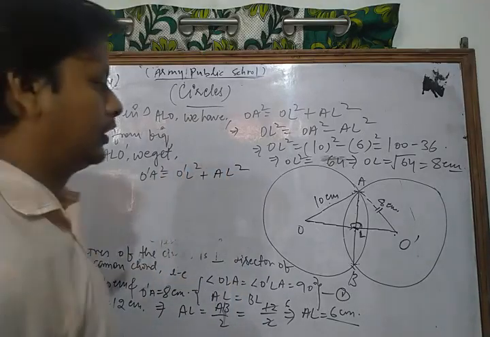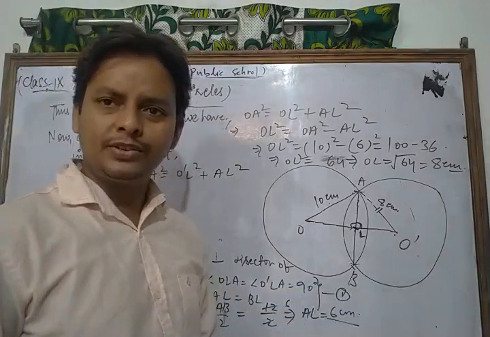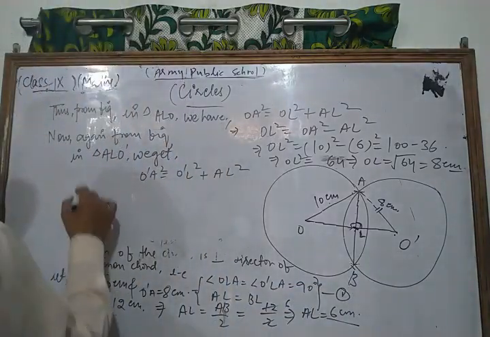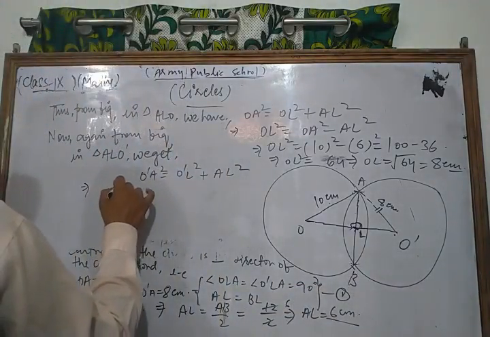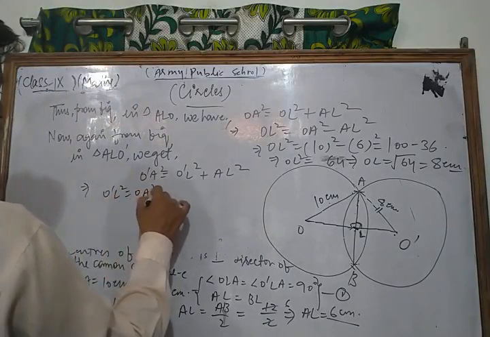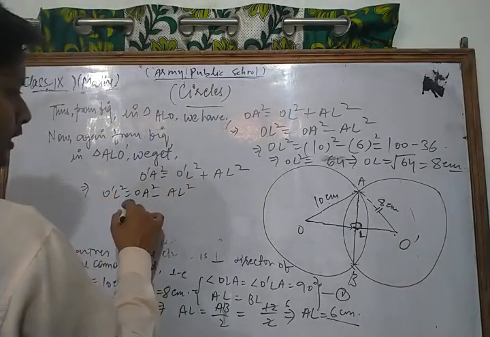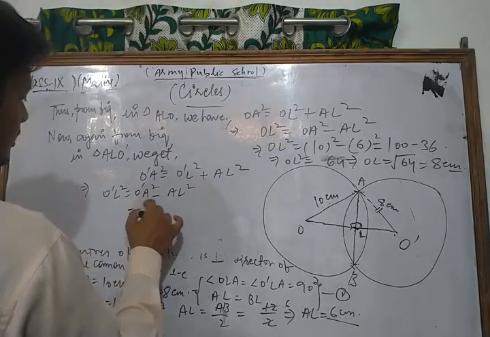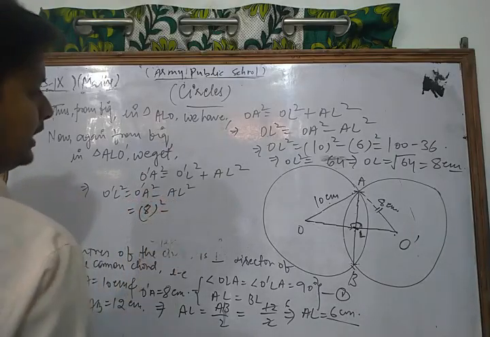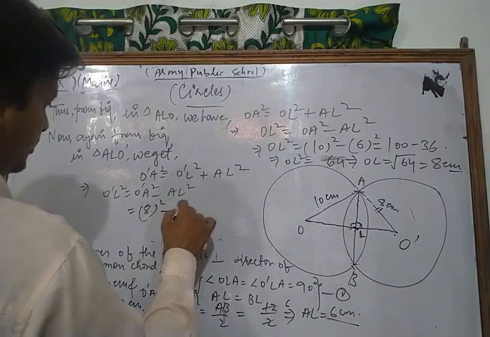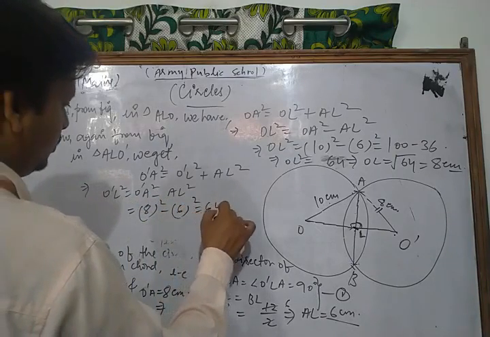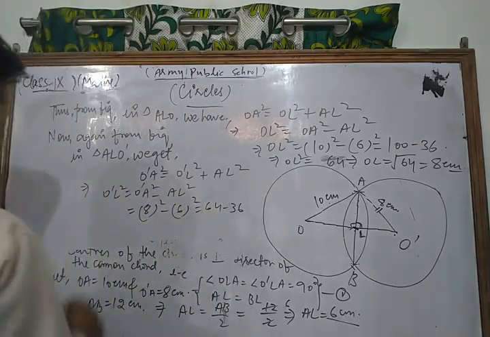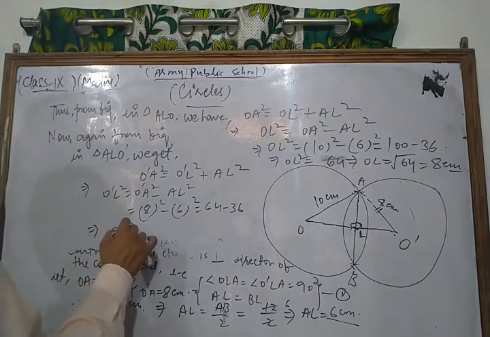So here we find O dash L. From there we write O dash L square is equal to O dash A square minus AL square. O dash A is 8, so 8 square minus AL, which is 6. So 8 8s are 64, 6 6s are 36. So we have O dash L square is equal to what?